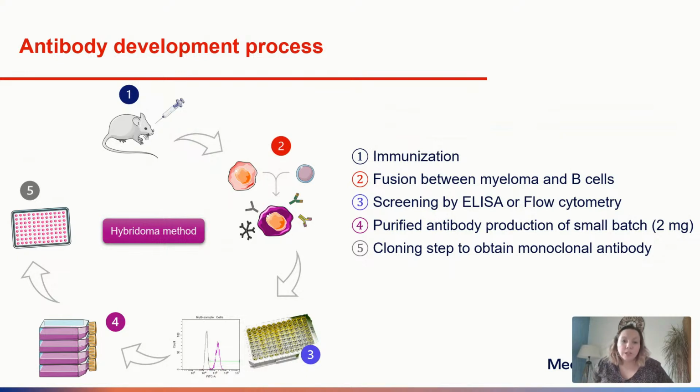For this project, ELISA and flow cytometry were used to identify the most interesting hybridomas. Then small quantities, around 2 milligrams, but it depends on the client request, are produced for the most interesting candidates, and purified antibody can be evaluated in different characterization tests to select the best candidate for making monoclonal antibodies for the end of the project.